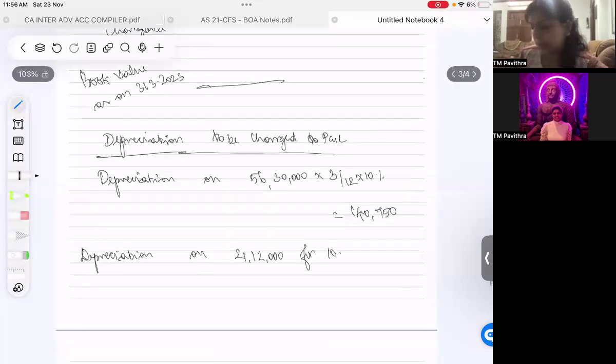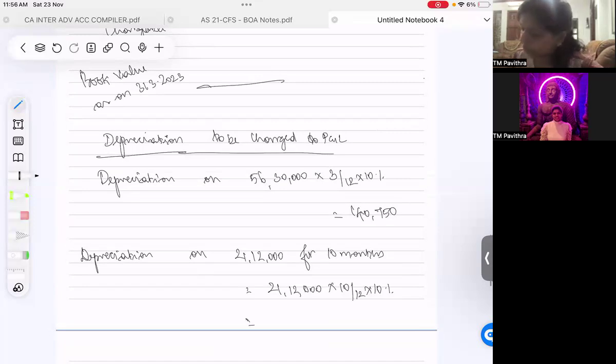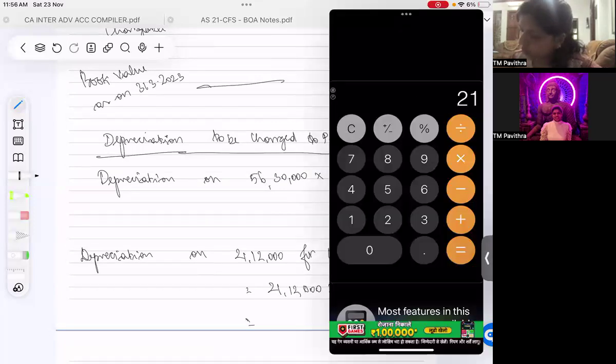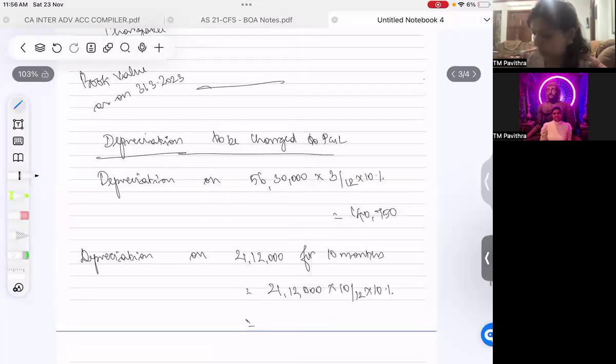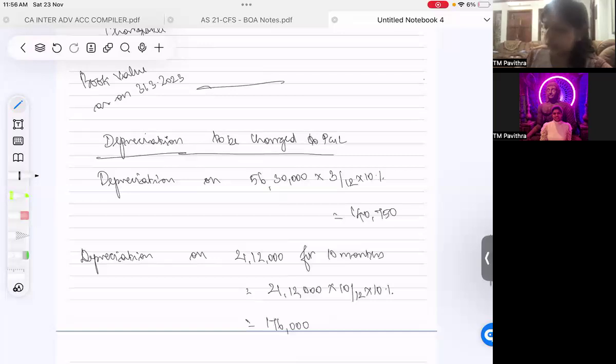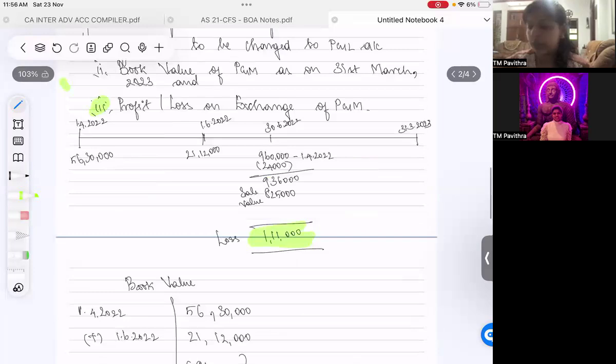So 21,12,000 into 10 divided by 12 into 10%, which gives us a value of 1,76,000. So the amount of depreciation is 1,76,000. We'll highlight it.